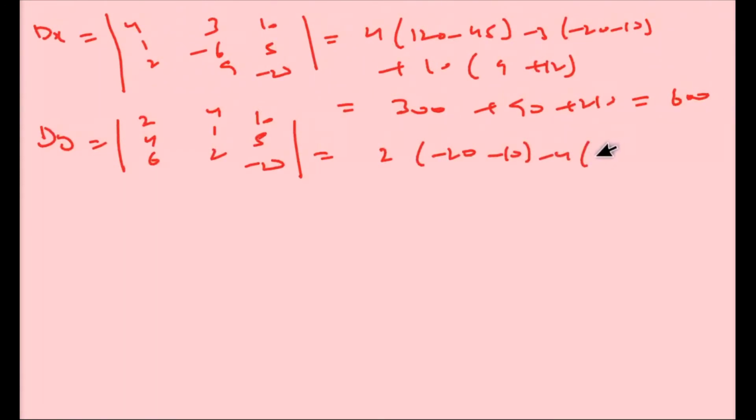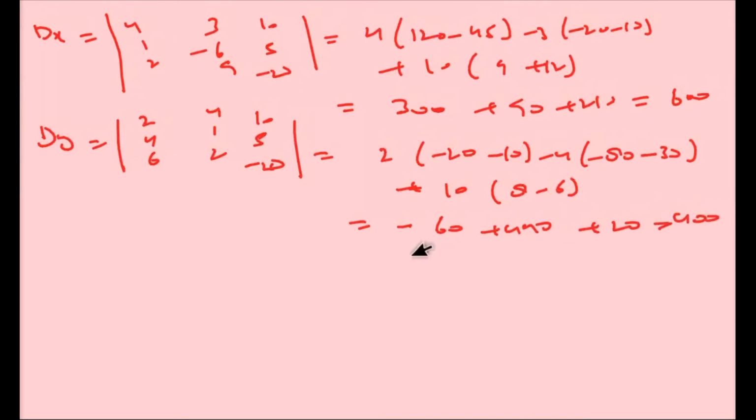We can find minus 80 minus 30 and plus 10, and multiply this 8 minus 6. So after solving this, minus 30 is minus 2, we get minus 60 plus 440 plus 20, equal to 400.